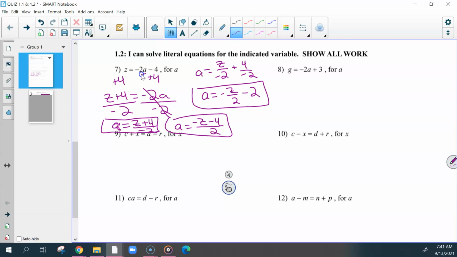The second one is basically the same as this first one, except the variable is different and is a different number. However, for this one, we're adding 3, so instead of adding 4 or adding it, we would subtract it. Again, these are not like terms, so we wouldn't be combining them. And we would still divide out that -2.